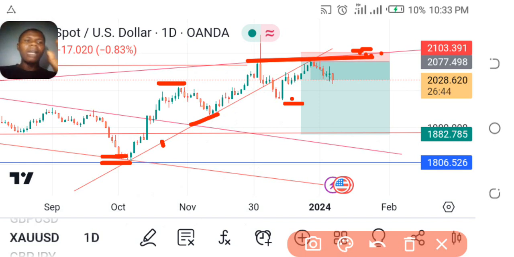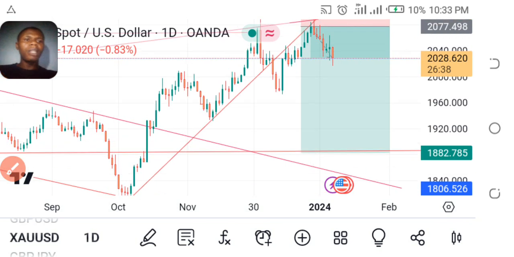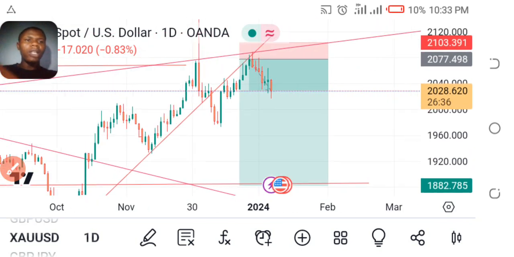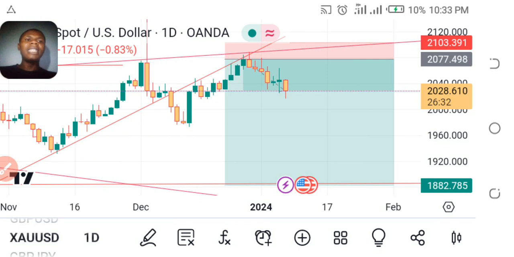Let me zoom in closely. Now if you look very well, you will see that in the daily time frame, what the daily time frame means is that it takes one day for each of these candles to be formed.